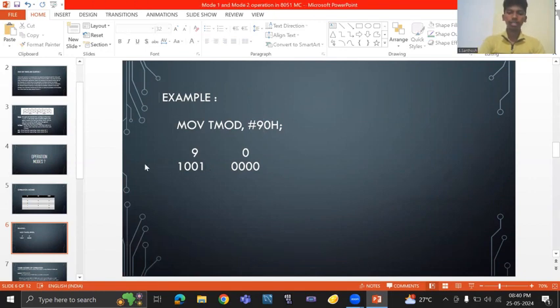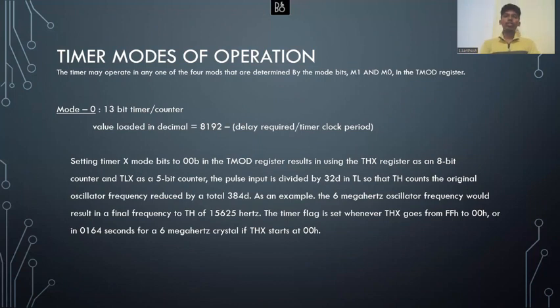And let's go further in it. So timer modes of operation. The timer may operate in any one of the 4 modes that are determined by the mode bits M1 and M0. So like we saw before, depending on the M1 and M0 inputs, the timer modes will be chosen. If we choose mode 0, that is a 13-bit timer or counter, depending on the choice.